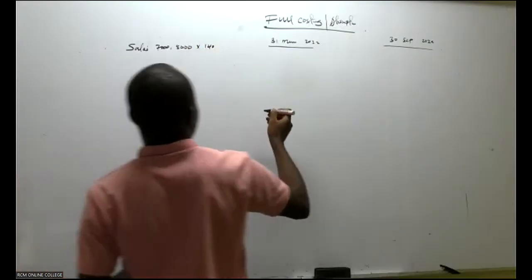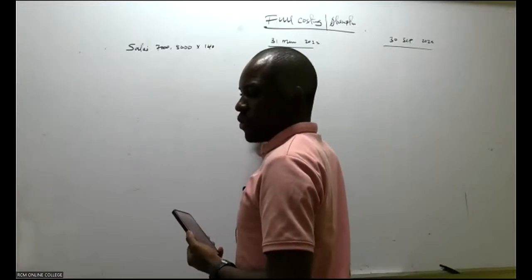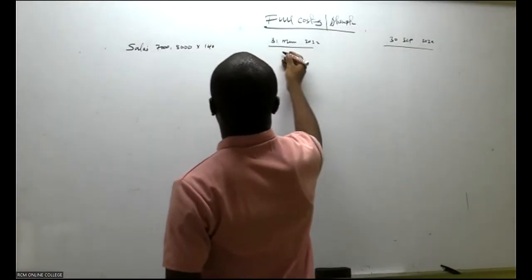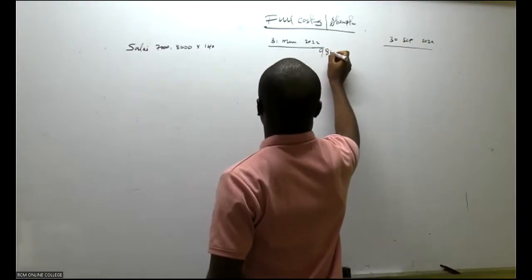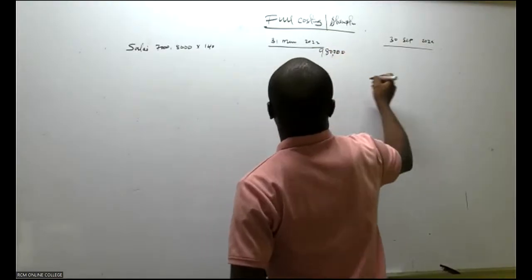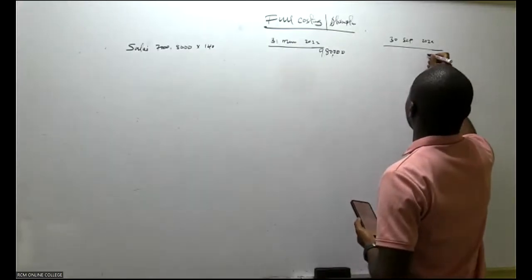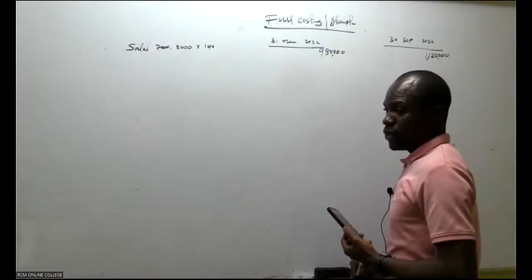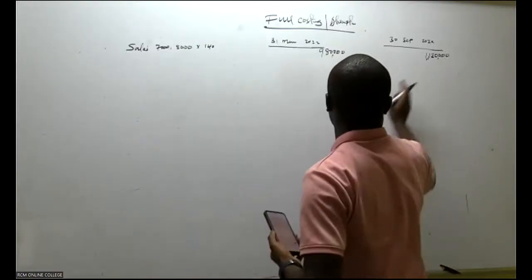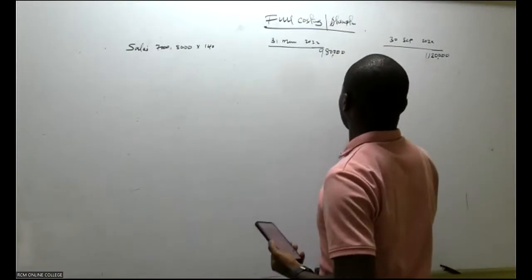That one does not change irrespective of the method. So with 140 there, this one here is going to be 980,000. This one here will be 11. That one does not change.